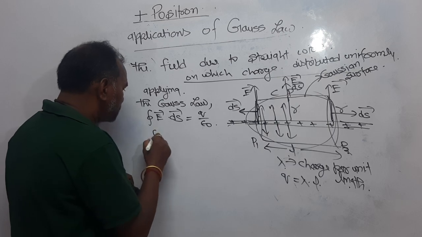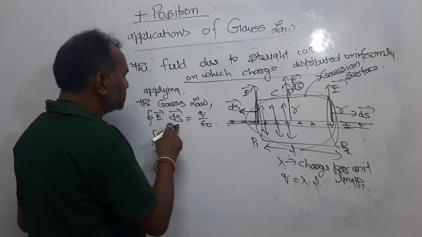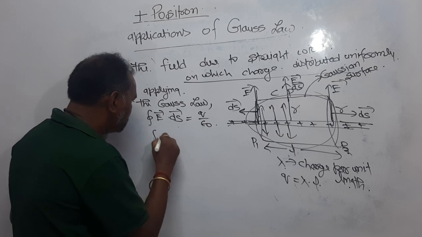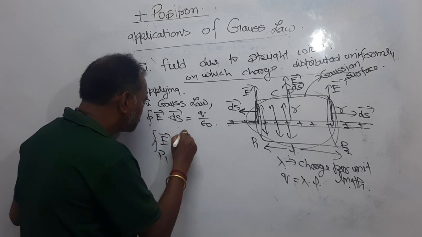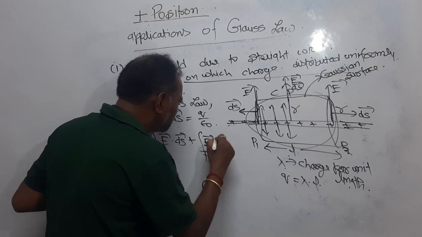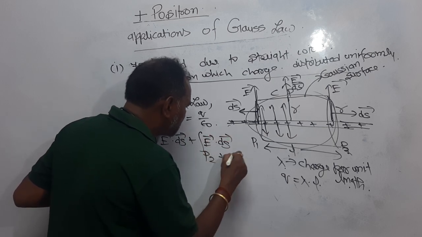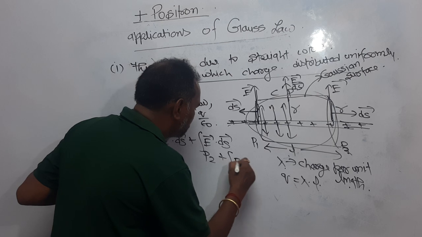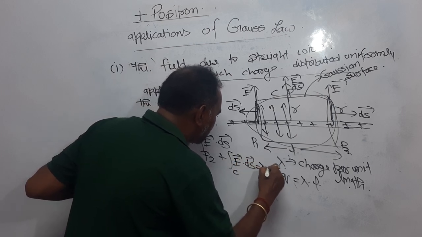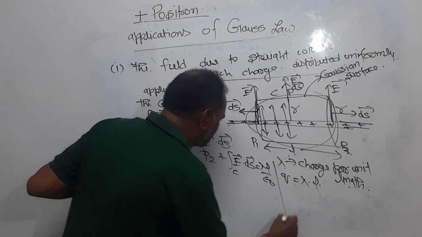Now, dear students, I am just dividing it into three parts. On plane P1, E dot ds, plus on plane P2, E dot ds, plus on the curved surface E dot ds, and that is equal to Q, which is lambda L upon epsilon naught.